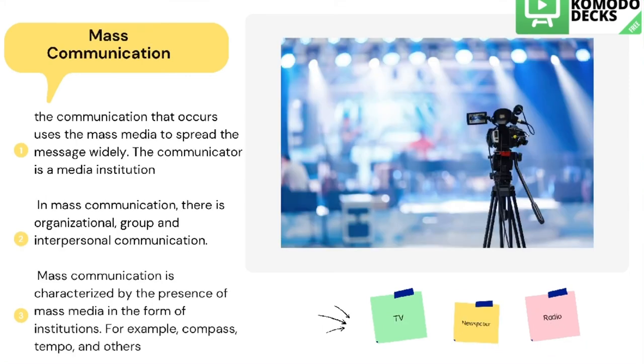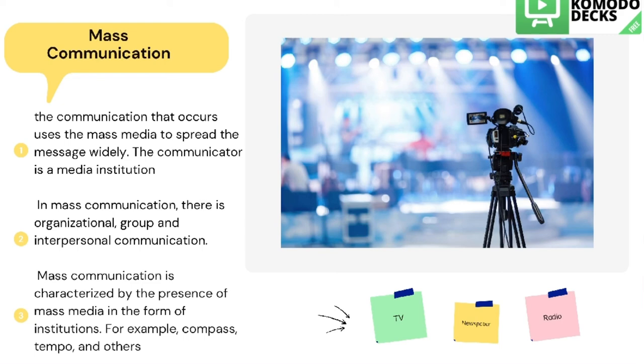The last level is the level of mass communication. This is a level that has the characteristic of using technology to convey messages widely to the communicant. In mass communication, the communicator element is an organization. So in mass communication, there is definitely organization communication.